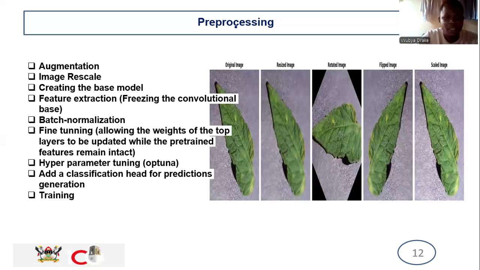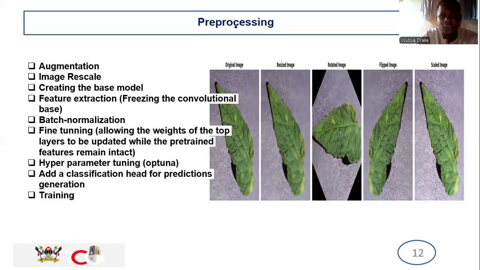Then we had to resize or rescale the images to a 224 by 224 size, which is the input size for most of the models we are to use.